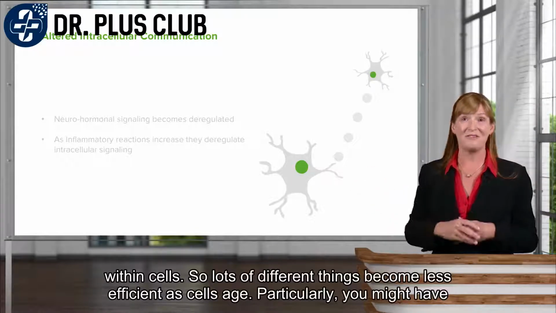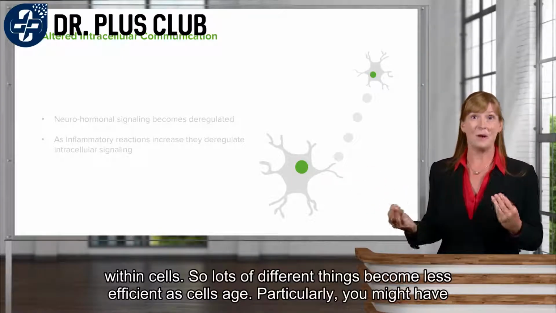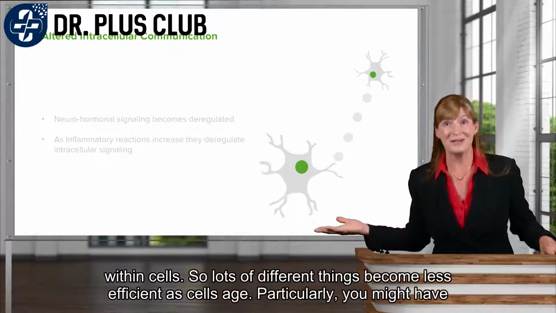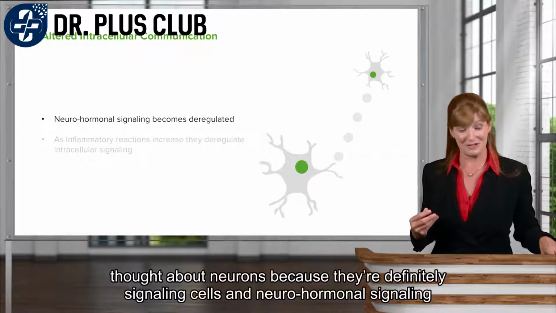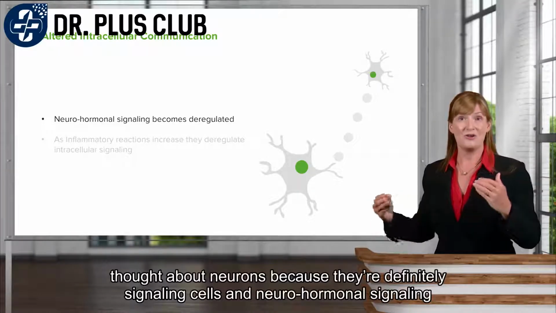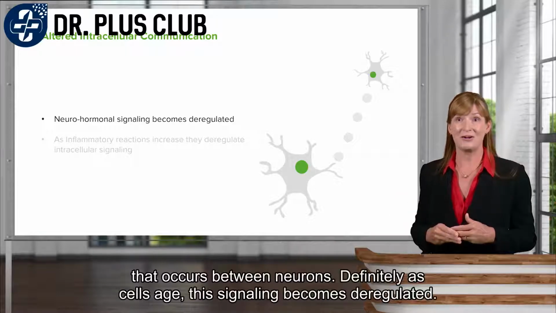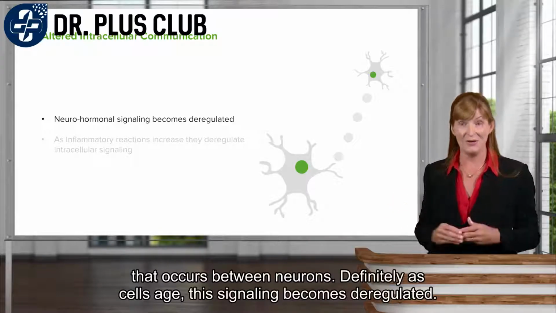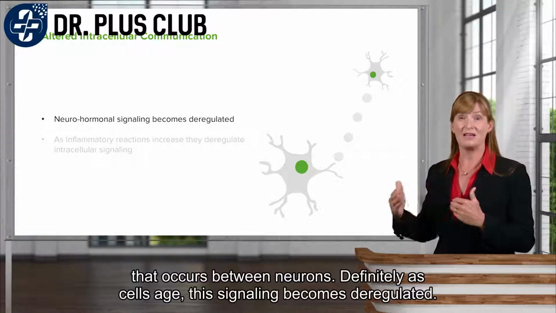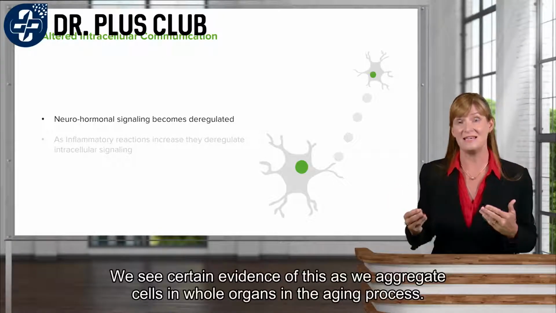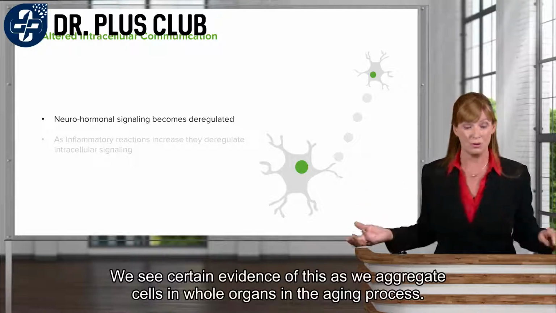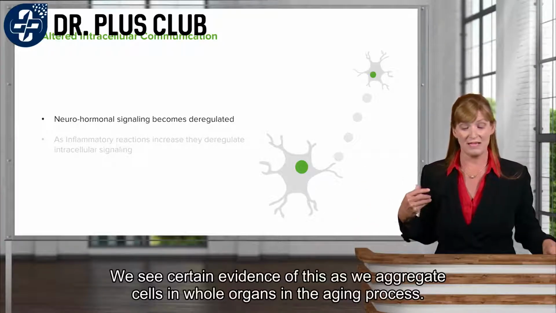So lots of different things become less efficient as cells age. Particularly, you might have thought about neurons because they're definitely signaling cells, and neurohormonal signaling that occurs between neurons. So definitely as cells age, this signaling becomes deregulated, and we see certain evidence of this as we aggregate cells in whole organs in the aging process.